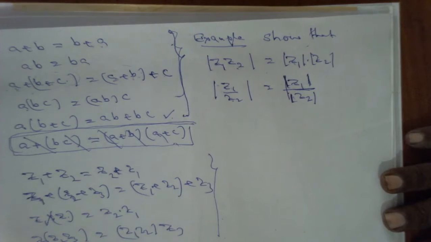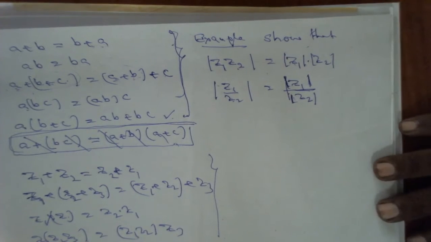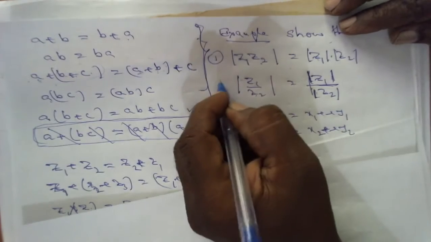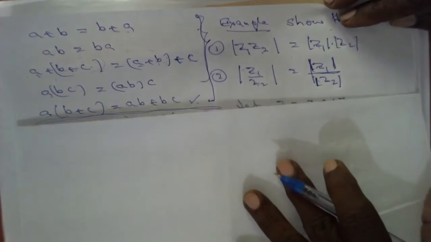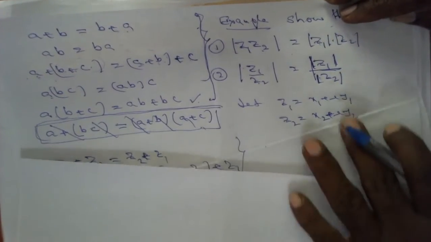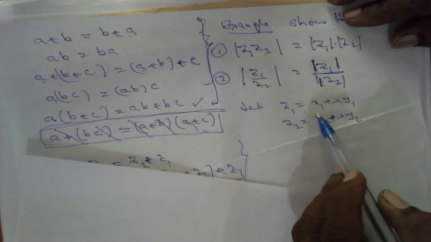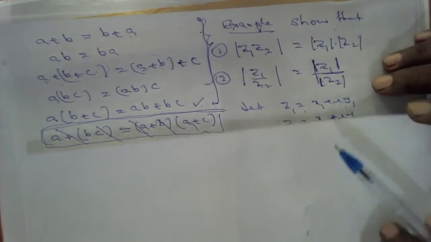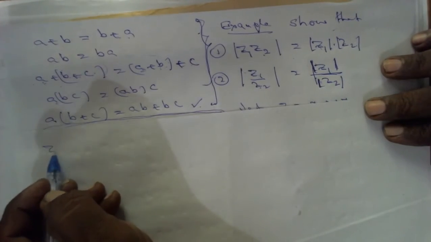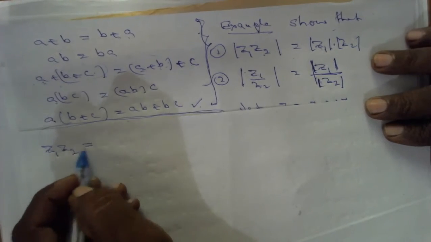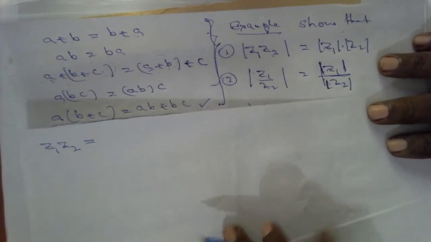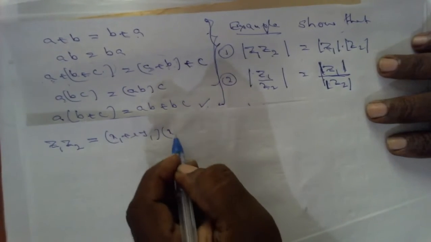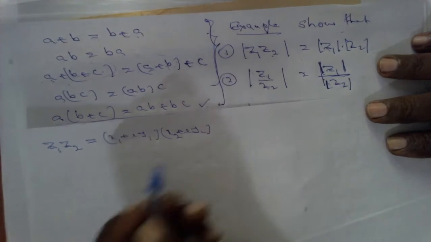You do this example. Right. So this is the first one, this is the second one. Let C1 equal x1 plus i y1, C2 equal x2 plus i y2. You have to take it like that. Then take the product C1 C2, that is (x1 plus i y1)(x2 plus i y2).